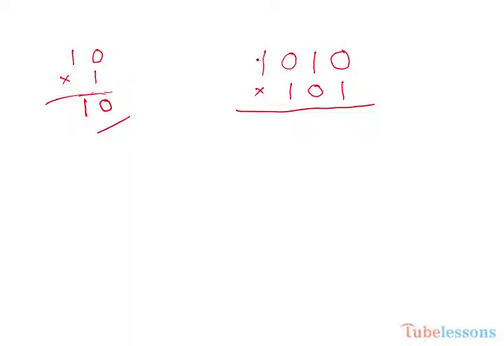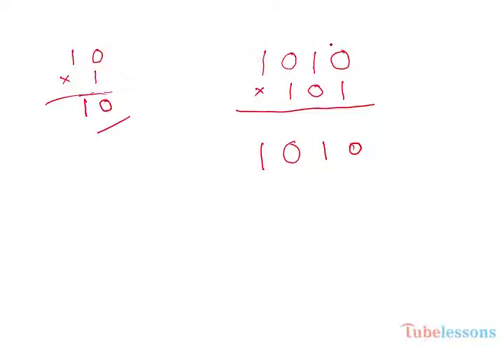So now we multiply all the digits of the top row by the first place digit of the bottom row. So 0 times 1 equals 0, 1 times 1 equals 1, 0 times 1 equals 0 and 1 times 1 equals 1.